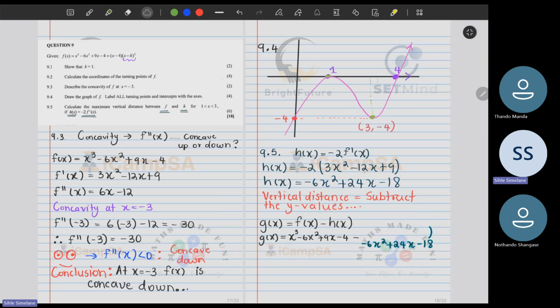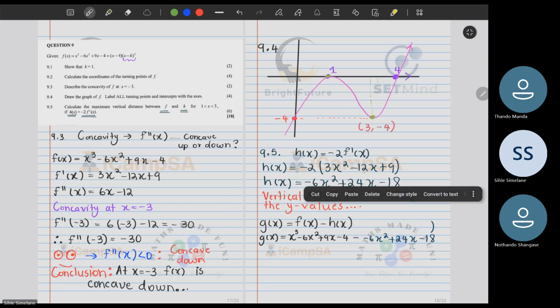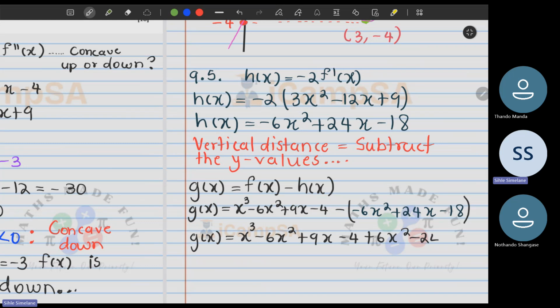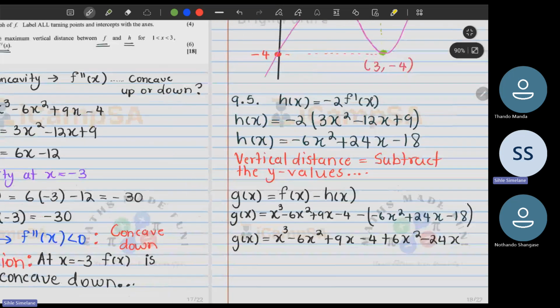We are minusing the h of x because we are minusing the y values. So it's going to be minus this. And if you observe carefully, our g of x is going to be x cubed minus 6x squared plus 9x minus 4, and then plus 6x squared minus 24x, and then plus 18.